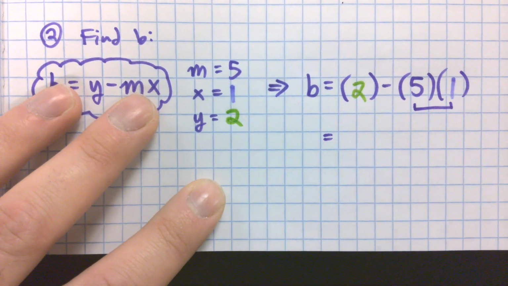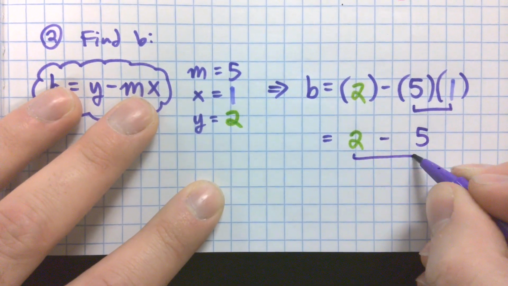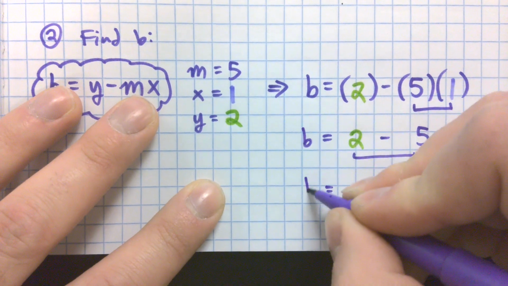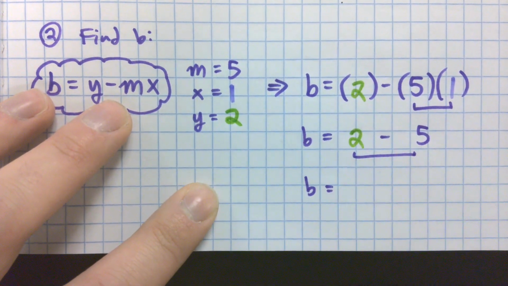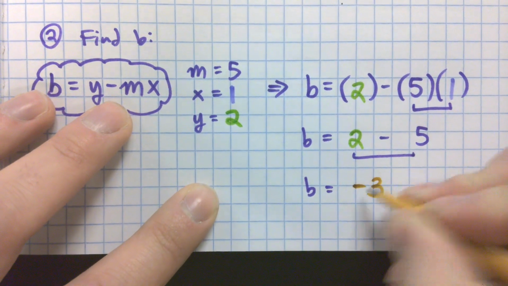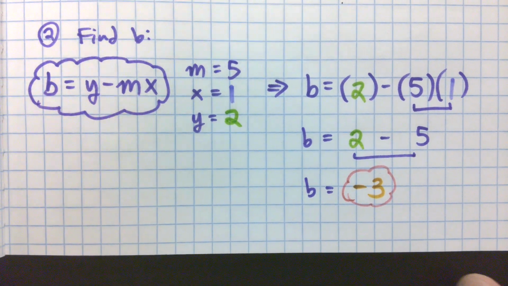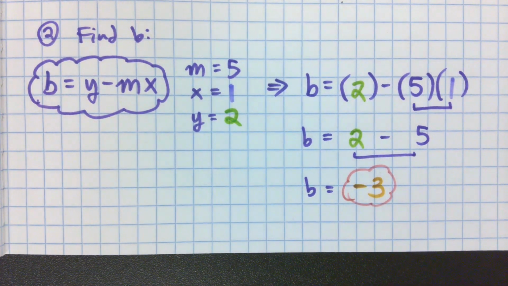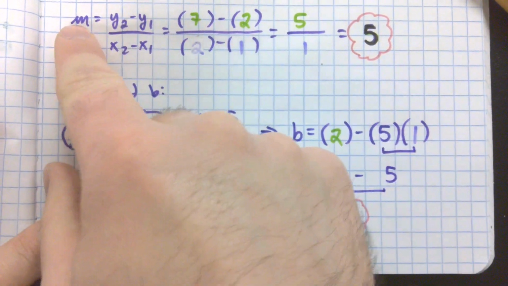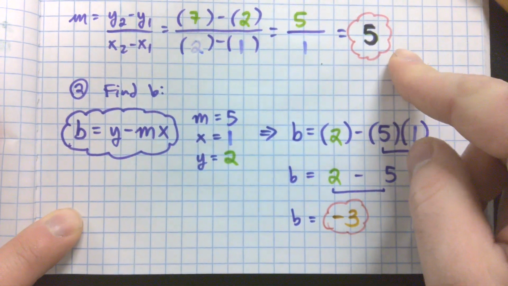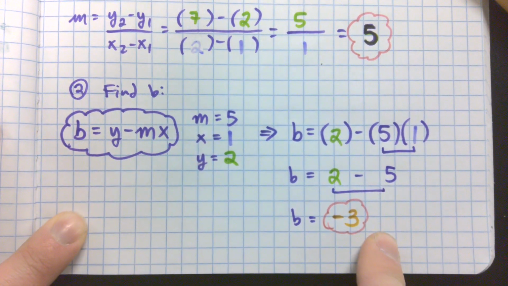What would 5 times 1 give me? 5. And 2 minus 5? Negative 3. And that's how we solve for b. b is equal to negative 3. So we found my m through the slope formula to be 5. We found my b through Boy Yo Mama's ex to be negative 3.